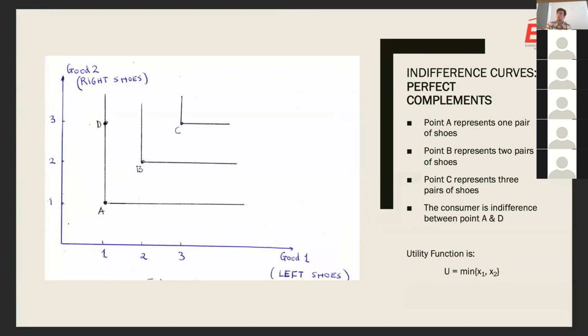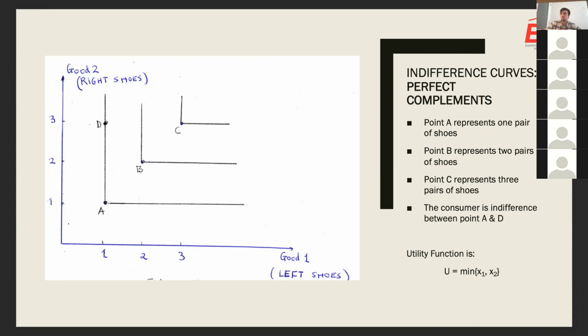Next, we have perfect complements. So point A represents at least one pair of shoes, while point B represents 2 pairs of shoes, and point C represents 3. Now, this is the typical case for perfect complements, right? Because if we have 1 left shoe and 10 right shoes, we only have 1 pair of shoes. So it doesn't really make a difference.